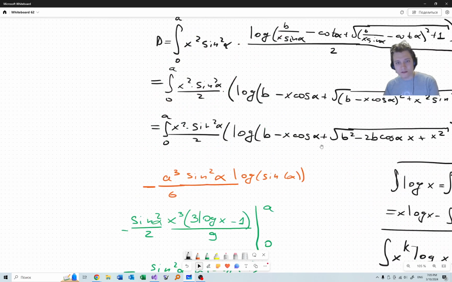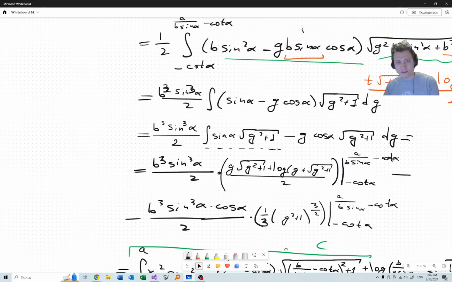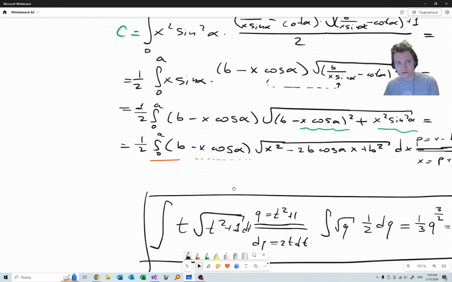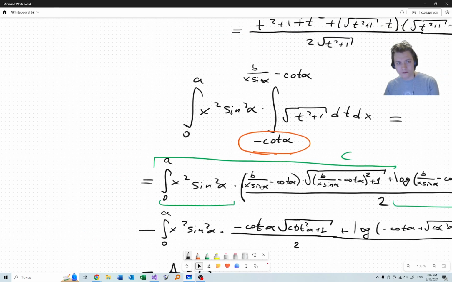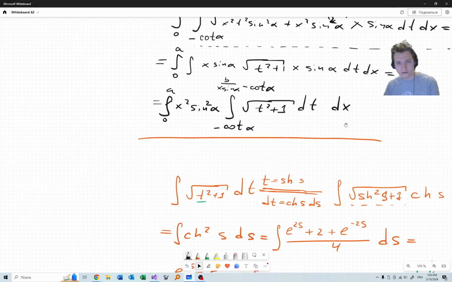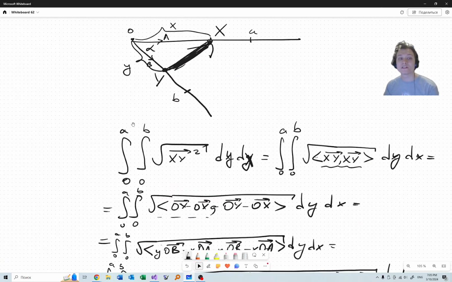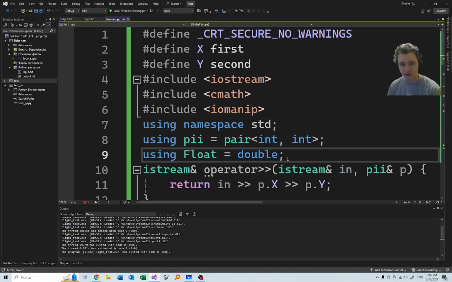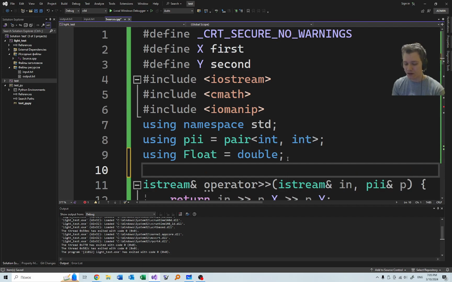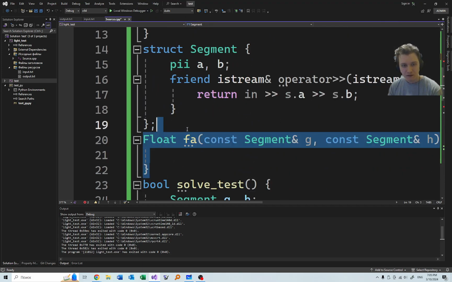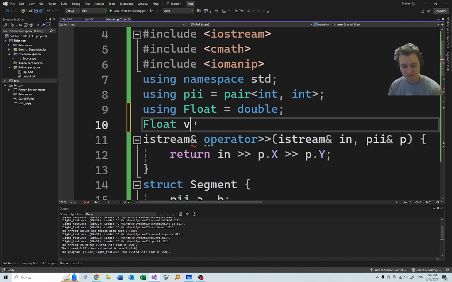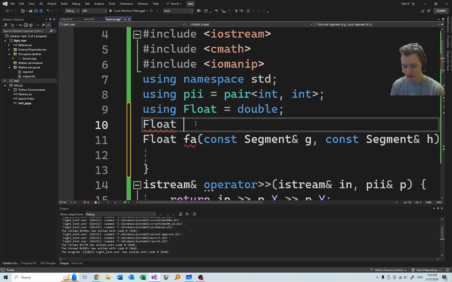So let's write a function which calculates this integral. Okay? So let's call it somehow. It's like plot find integral.